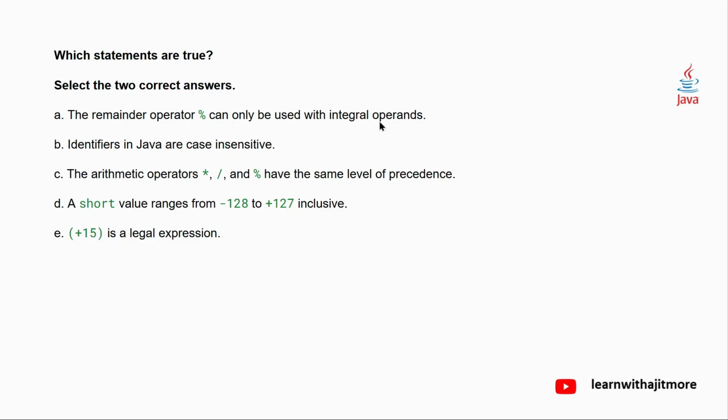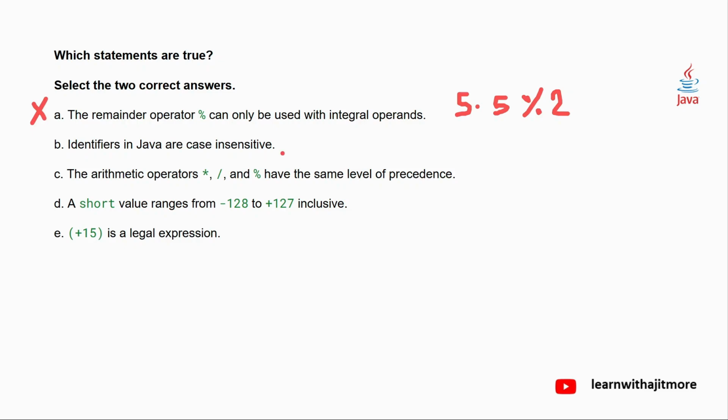In Java, modulus can be applied on floating values as well. It is valid: if I write 5.5 modulo 2, it works fine and gives the result 1.5, two times two is 4, remainder 1.5. Therefore, it is a false statement.